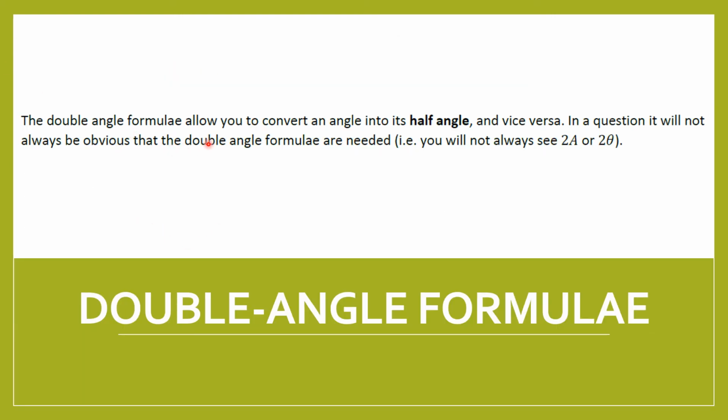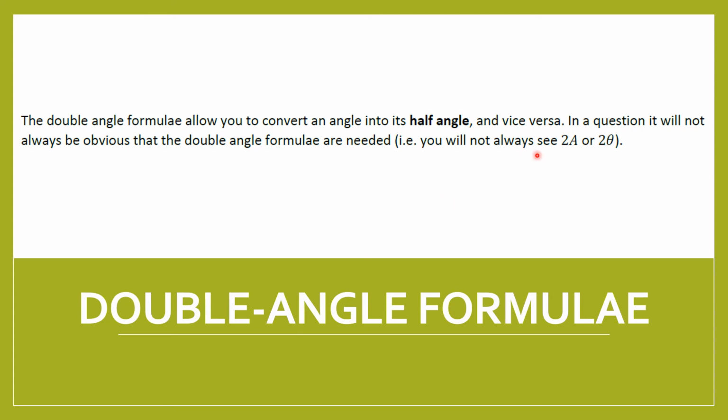Now these double angle formulae also allow us to convert an angle into its half angle, or vice versa. You're going to see examples of that in the following examples. In a question, it will not always be obvious that the double angle formulae are needed.